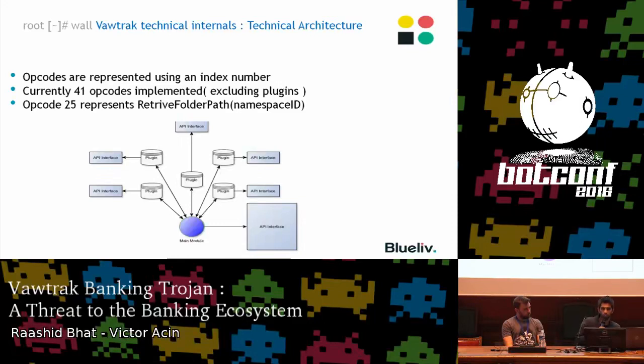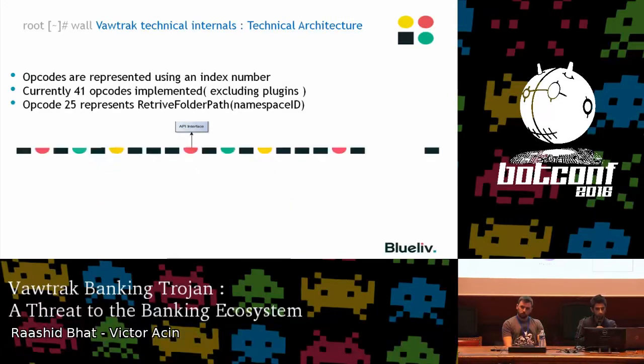It's like a system all stacked together, so that even the plugins can communicate with other plugins, or the main module can communicate with any other plugin. The command and control server can also send a particular opcode to a plugin and retrieve or store data.